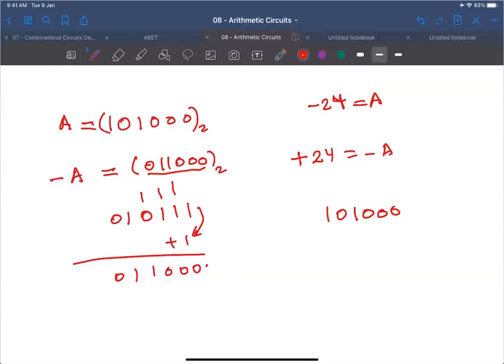So my negative A is going to be 0 1 and then 1 0 0 0.